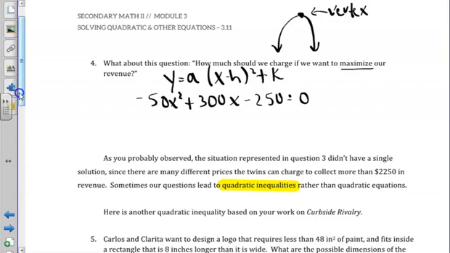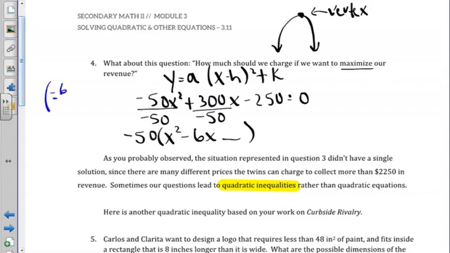Recall that we first ignored the c, which is the negative 250, and we're going to take the GCF out of a and b. So our GCF is negative 50, and we'll be left with x squared minus 6x when we divide by negative 50. If we recall, to complete the square, we take half of b, divided by 2, squared, which would give us positive 9.